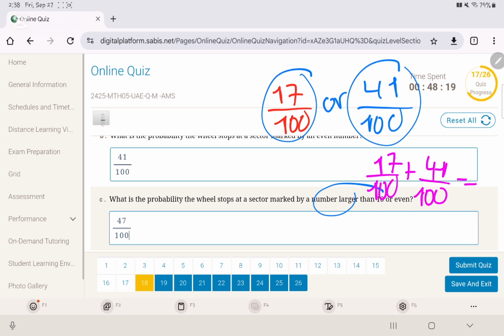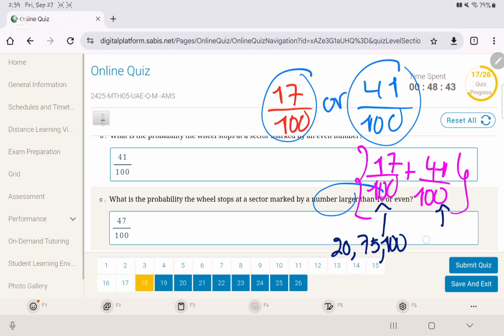This is going to be the number larger than 10 or even, but we have an issue over here: we have repeating values. In the numbers larger than 10, we have 20, 75, and 100.